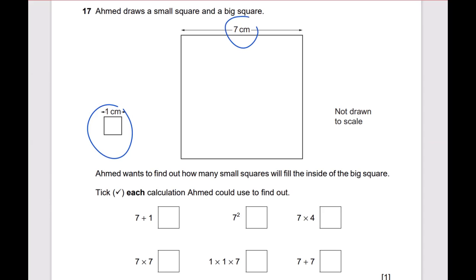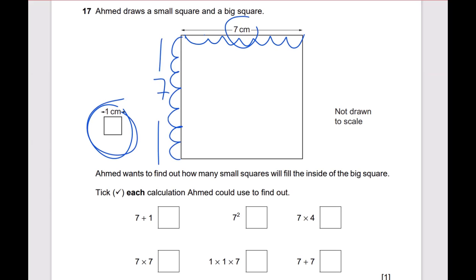It will be 7 across, 1, 2, 3, 4, 5, 6, 7, and this also 1, 2, 3, 4, 5, 6, 7. So 7 times 7 will be 49, right? 49 of the 1 cm squares.